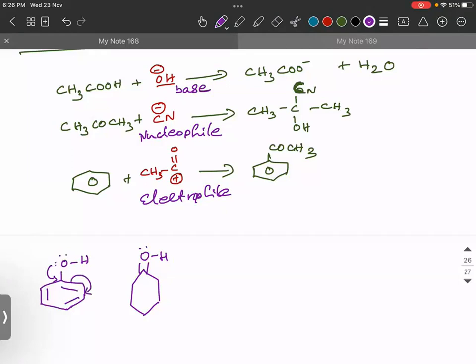Just put it on top. Now, what happened? It gave the electron to here. So now, what is the charge of this carbon? Minus. It gives plus on oxygen and minus on carbon.